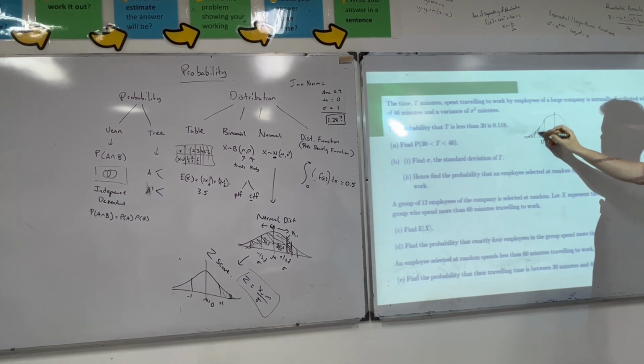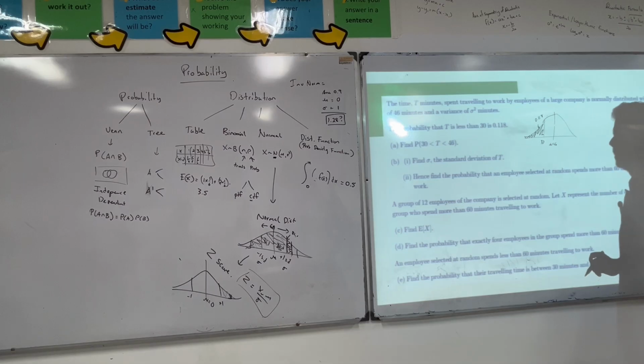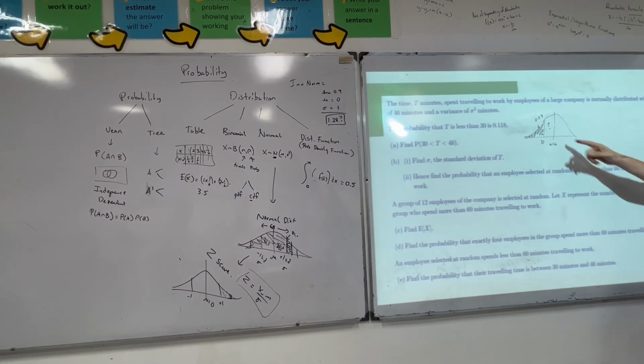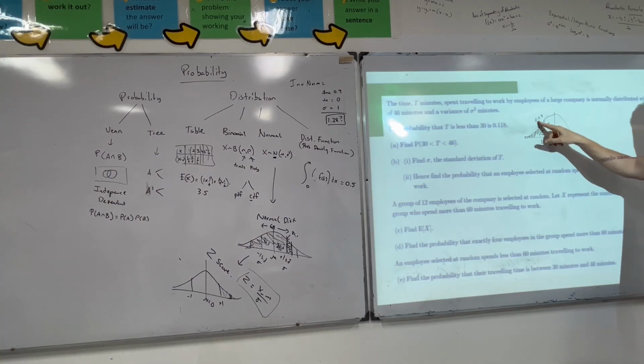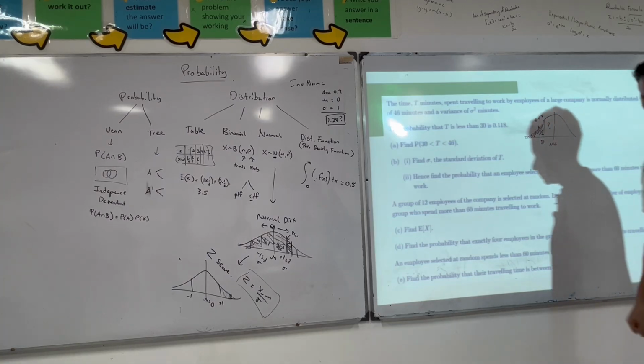I know this area is 0.118. What is the probability between these two? That's the first question. So 0.5 minus that. Yeah, that's it. But how did that come about? Maybe you would have if you'd done a number of these, but it took a diagram to make that super obvious. That is just 0.5 take away whatever that is.